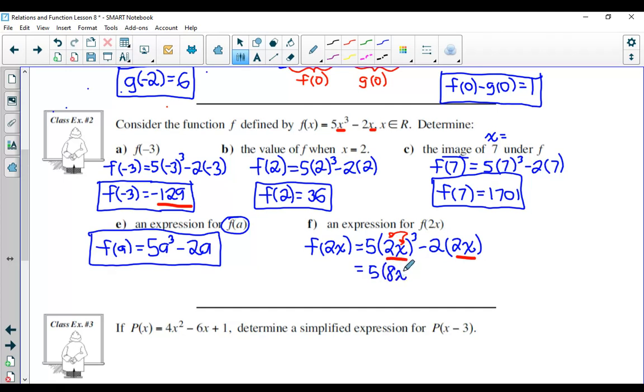So you'd have 8x cubed, and then minus, well, negative 2 times 2x would just be 4x. Therefore, if we simplify the first term here, f of 2x would be equal to 5 times 8 is 40. So you'd have 40x cubed minus 4x.